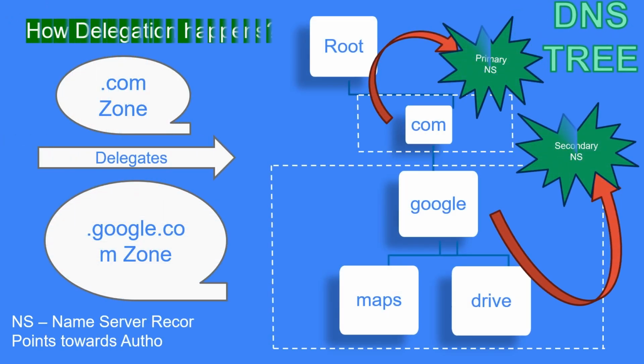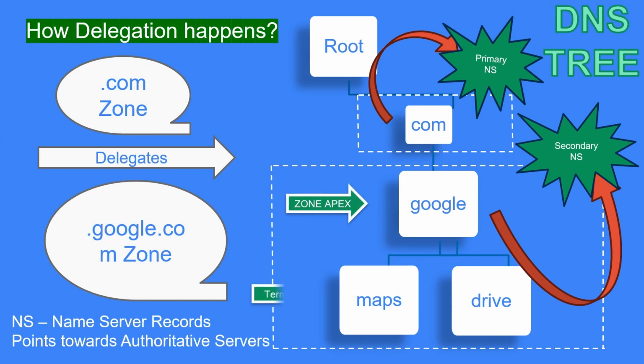Now how the delegation works. In order to understand that, we will need to know how levels are distributed into different zones. So in this example, there is a .com zone which is the top level domain.